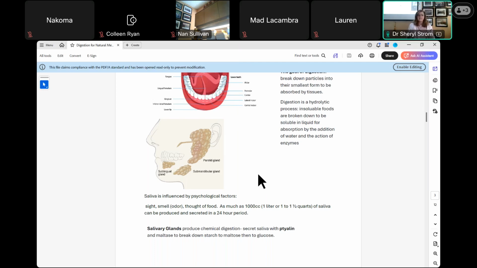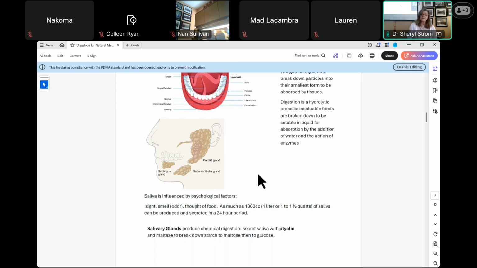That can start salivation. As much as 1,000 cc's, or 1 liter, or 1 to 1.5 quarts of saliva can be produced and secreted in a 24-hour period. There is hypersalivation, that is something else, but in a normal, healthy individual, that's how much saliva is produced and secreted in a 24-hour period.